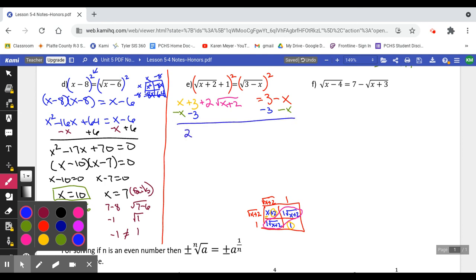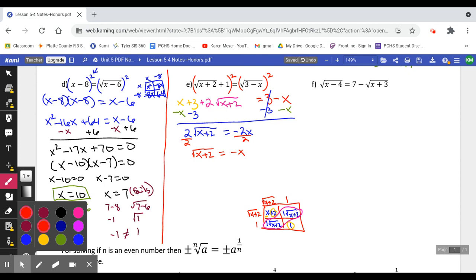So here I got 2 square root of x plus 2 equals, over here, the 3's cancel out. Boom. And I get negative 2x. Okay, to get rid of the 2 in front of the square root, I will divide it away. So square root of x plus 2 equals negative x.